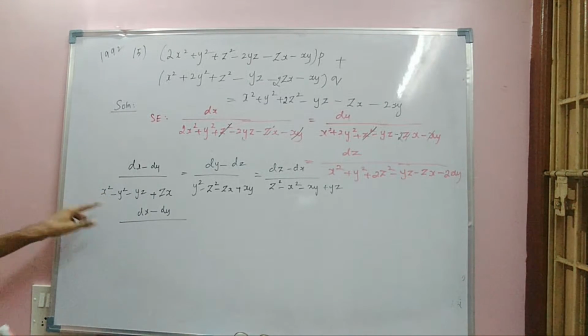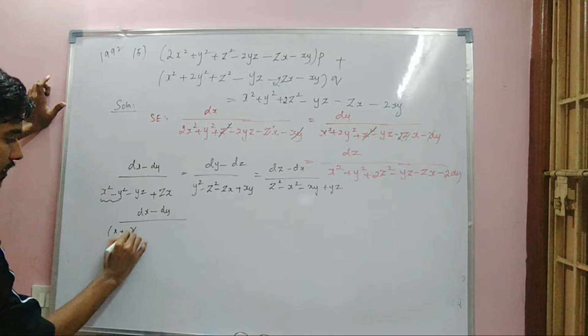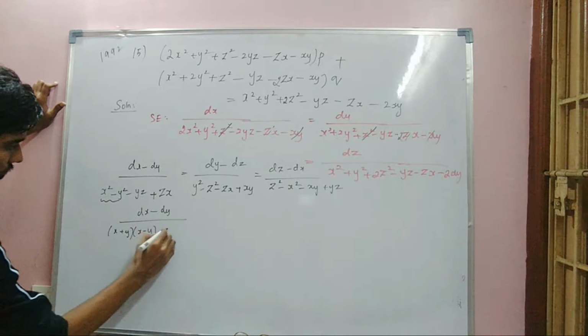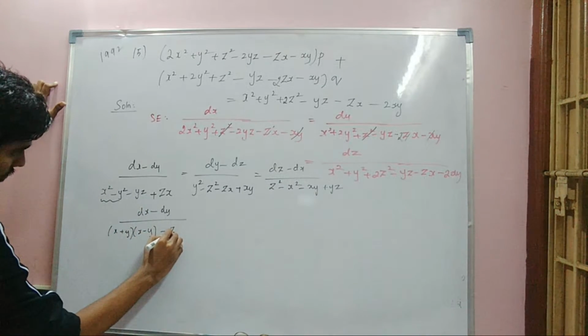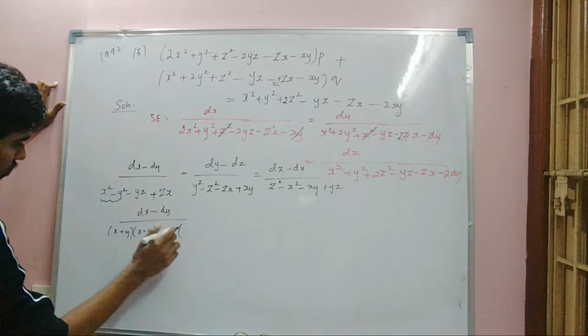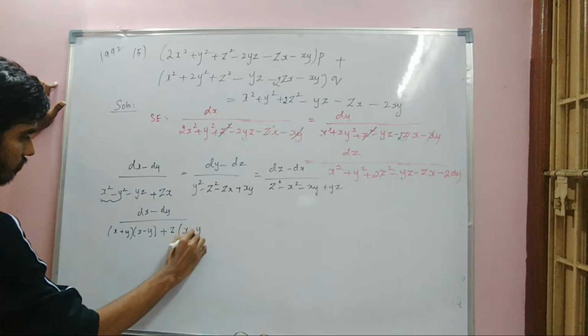Now I can write x square minus y square as x plus y into x minus y, and here I can take z common, so we are going to have x minus y.